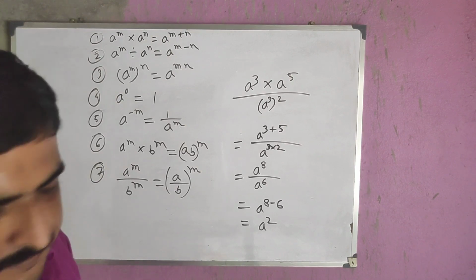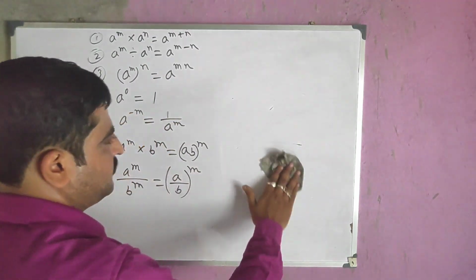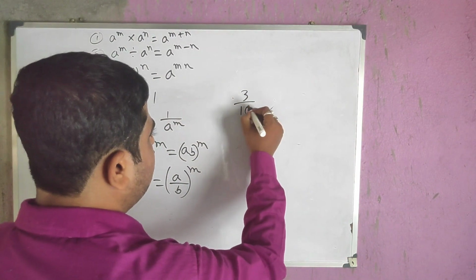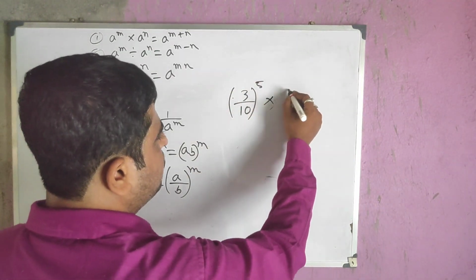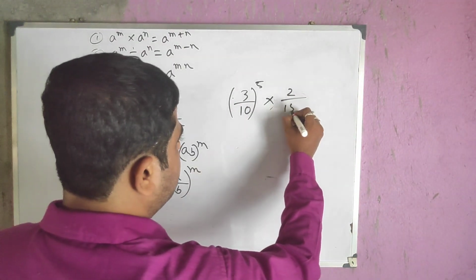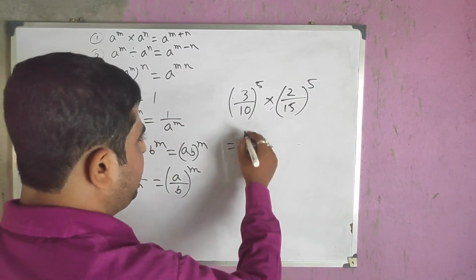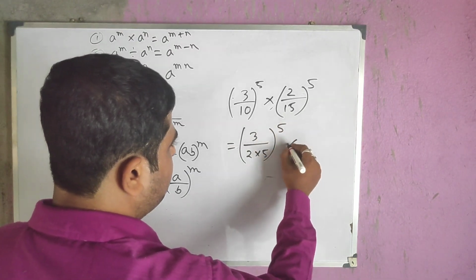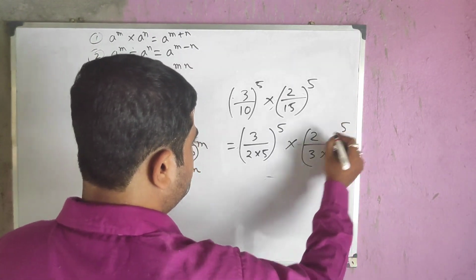Today's last sum: (3/10) whole to the power 5 into (2/15) whole to the power 5. You see, we can write this 10 as (2 into 5) whole to the power 5, and this 15 we can write as (3 into 5) whole to the power 5.